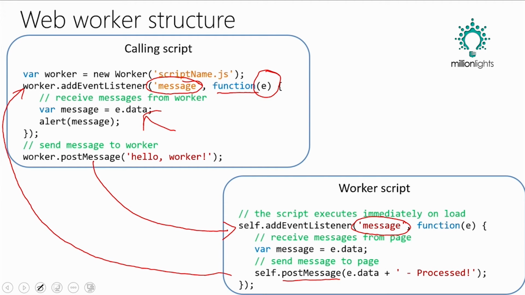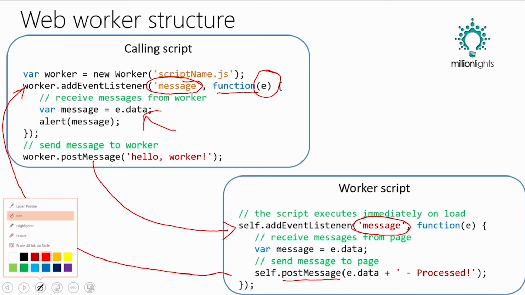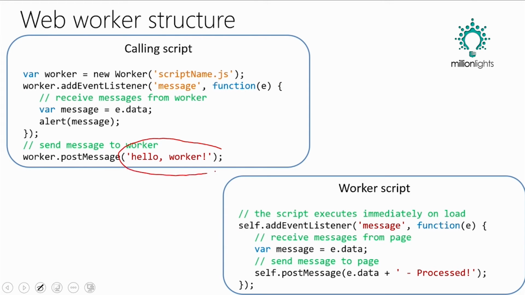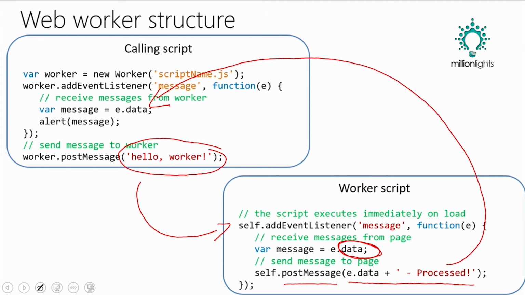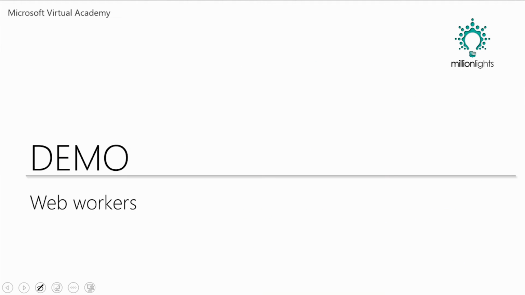So when I say, in my case, hello worker, and I send that on down here, that's going to wind up inside of that data property. And then you're going to notice down below when I send something back, whatever it is that I sent back is going to wind up inside of that data property over there. So a nice little mirror image there for our worker.